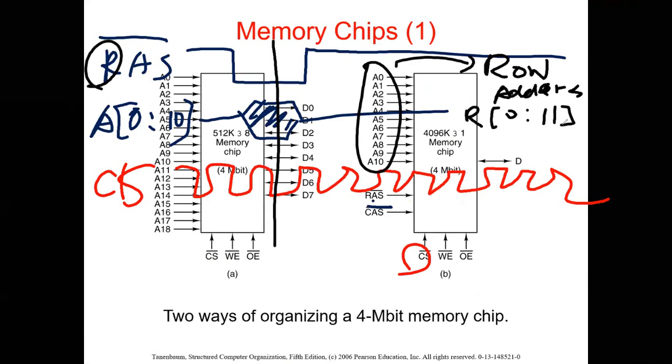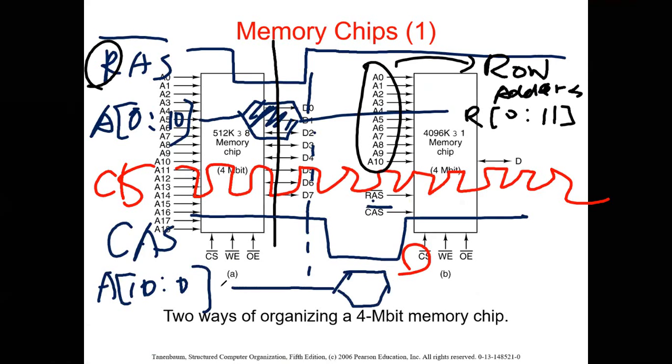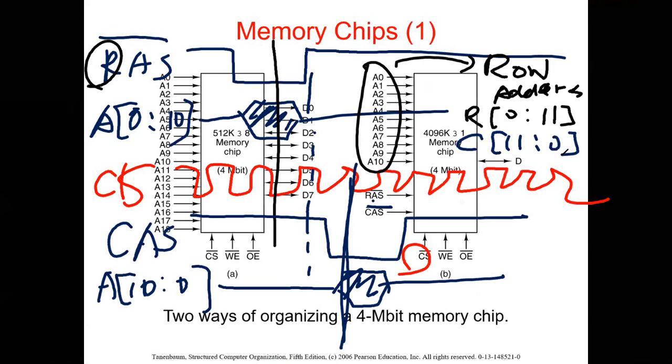After that, I will send another signal called column address strobe. And then my address again, let me write it 10 to 0, so it shows better. The address will be strobed in, and on some clock edge the address got strobed to this column.